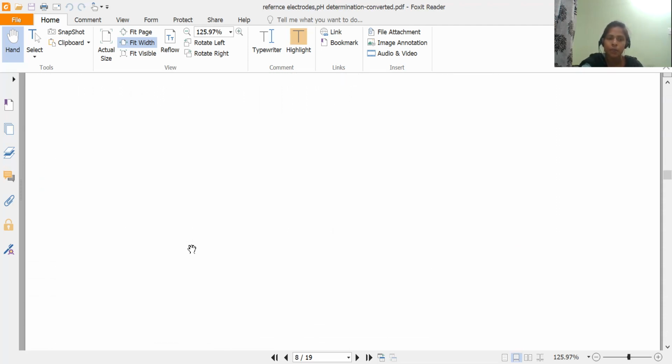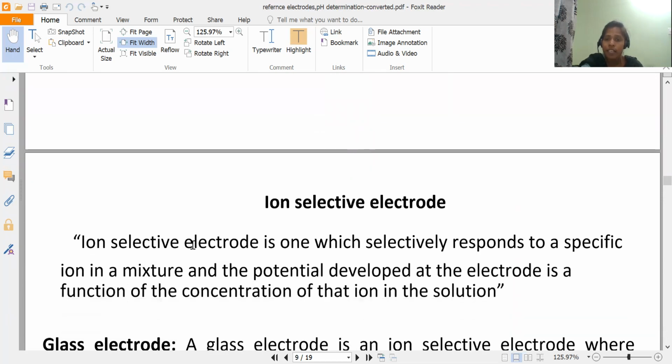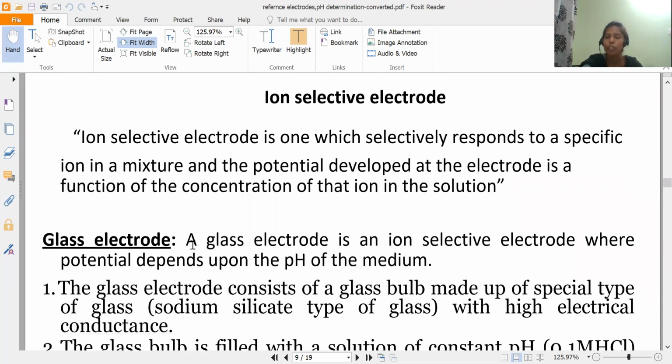Let us see the next electrode. That is the ion selective electrode. This is the last type of electrode, the last secondary reference electrode. In the name itself, we have ion selective electrode. That means it is passing ions selectively through it.